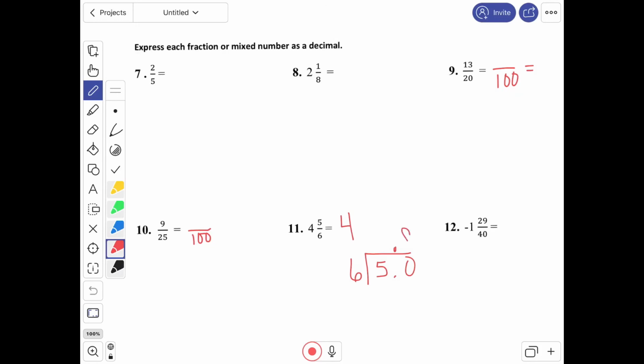So 6 goes into 50 8 times. 2 left over. And then 6 goes into 20 3 times with 2 left over. So the thing that's repeating is the 3. Need to put it back with the whole number. And that's my answer.